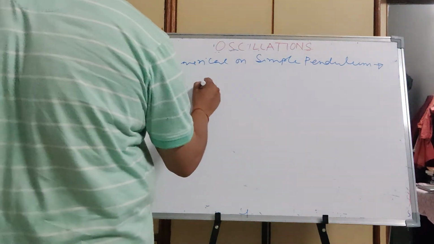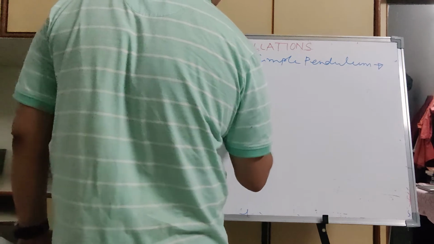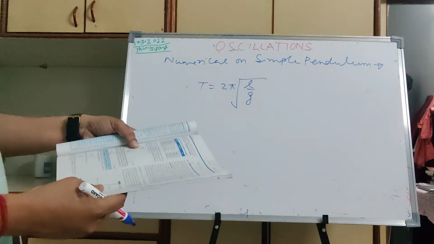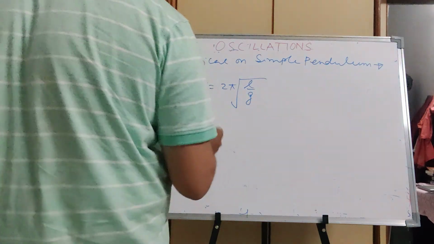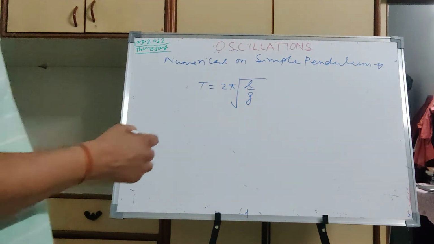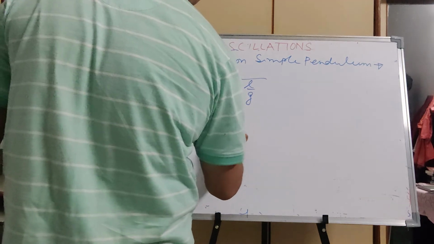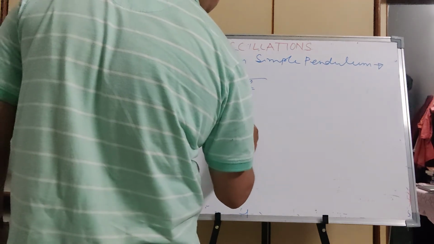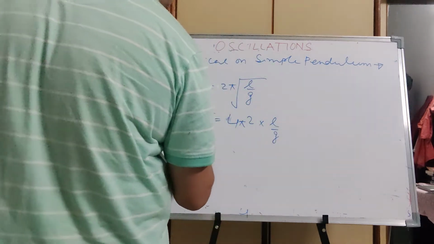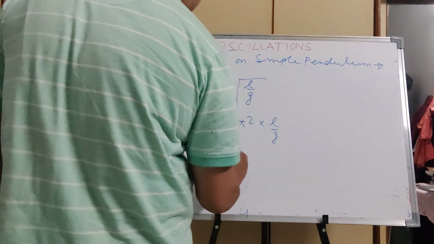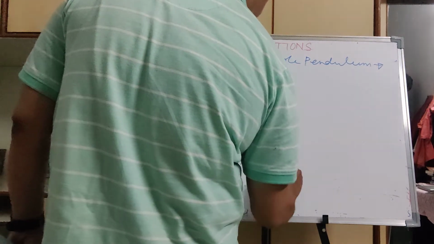So we know T is equal to 2 pi square root of L by g. From this relation we'll get, since he is asking the length of a simple pendulum, T square is equal to 4 pi square into L by g. That implies L is equal to T square into g divided by 4 pi square.